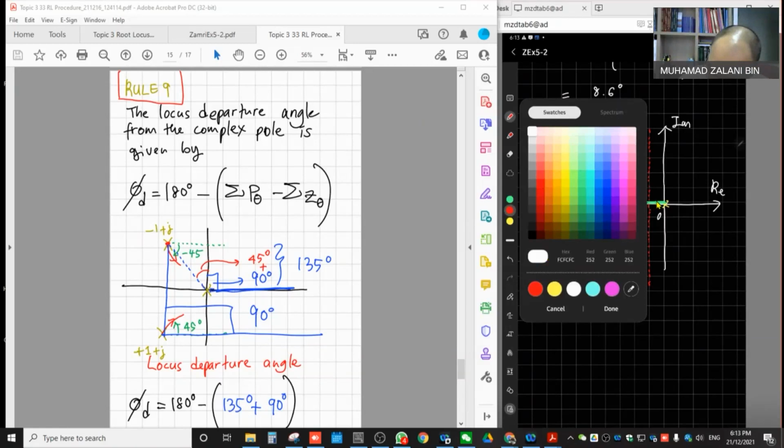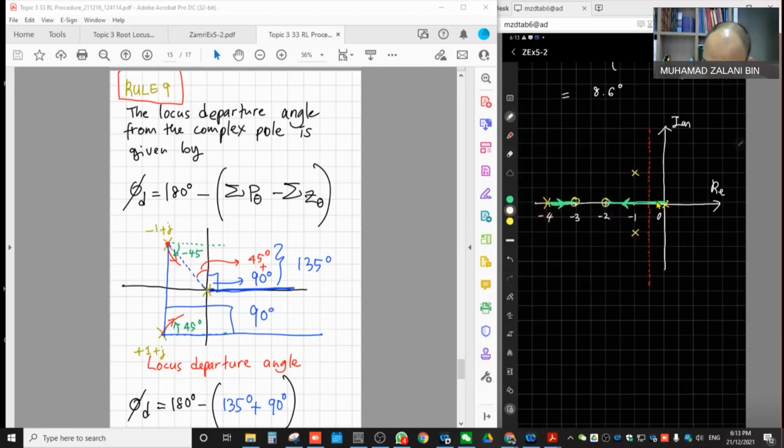So angle of departure was 8.6 degree. Okay, where is 8.6 degree? Somewhere around there. For this is 8.6 degree. All right, from horizontal. And for the symmetrical, for the other one, suppose that it should start 8.6 degree from horizontal.